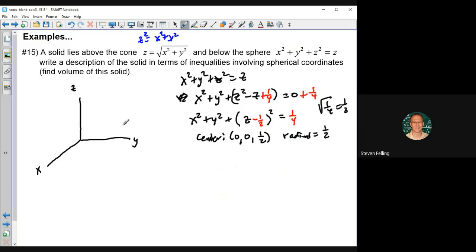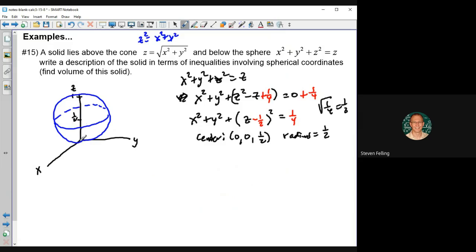Okay, so now that I got that, let me go ahead and draw this. So it's centered a half up, and then the radius is a half up. So if this was a half here, and this was 1 up here, right, that sphere would look like this. Right, it's a sphere centered at the point 0, 0, 1/2 with a radius of a half.